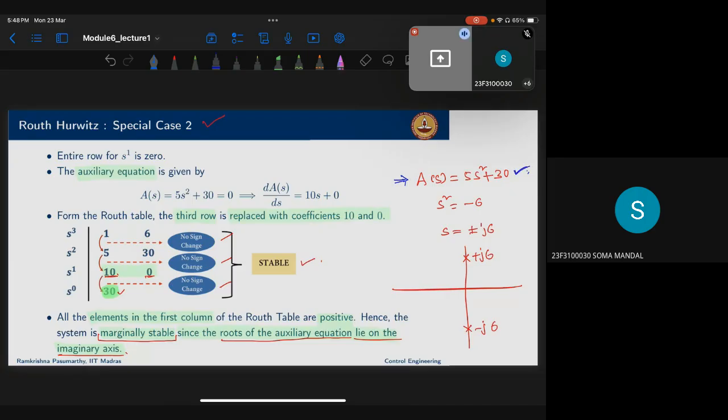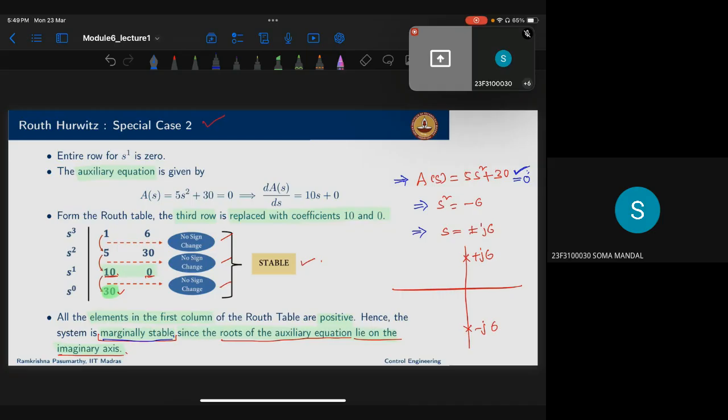The auxiliary equation says that if you take this equal to 0, you're getting s square equal to -6, s equal to plus or minus j6. So you're getting two roots, plus j6 here, minus j6 here, and the system becomes marginally stable.